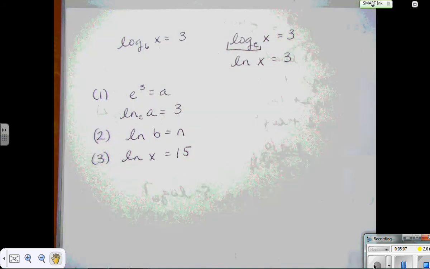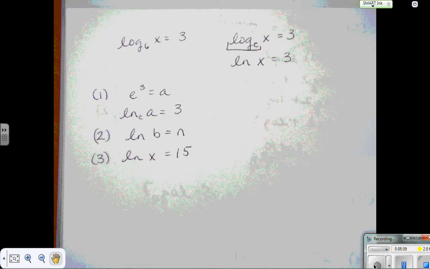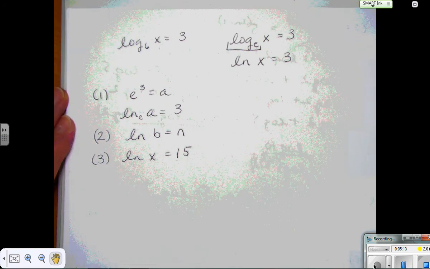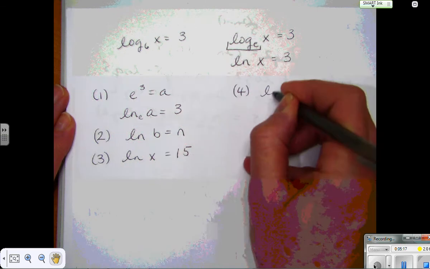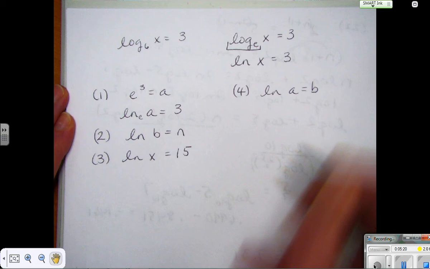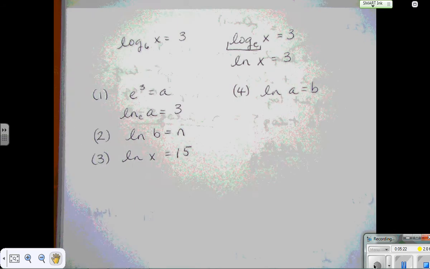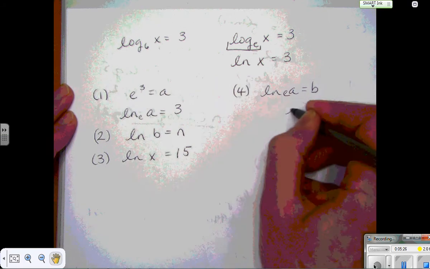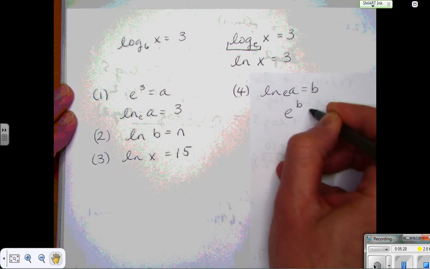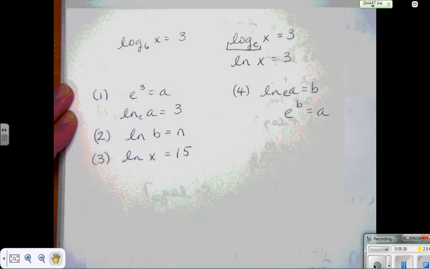So we're just rewriting in log form. All right, so on number 4, it says write in exponential form. So they give you the problem ln of a equals b. Remember that your base is e. So in exponential form, you're going to have base e to the b power equals a, and that's an exponential form.